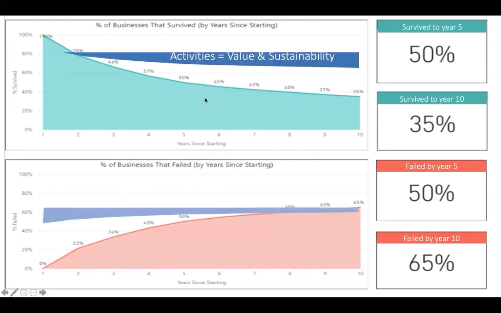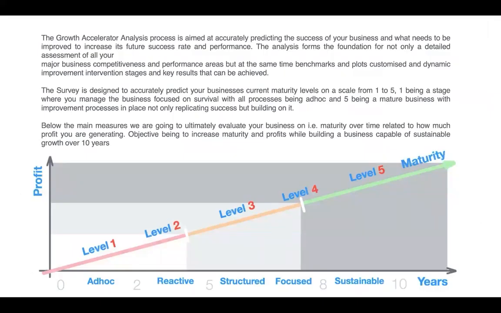We're looking at activities, value and sustainability generation. And if we look at that over a 10-year period, we are looking to increase the maturity level from level 1 to maturity level 5. And by increasing the maturity level, we will make them more sustainable to 10 years.